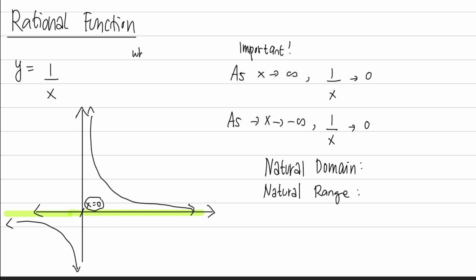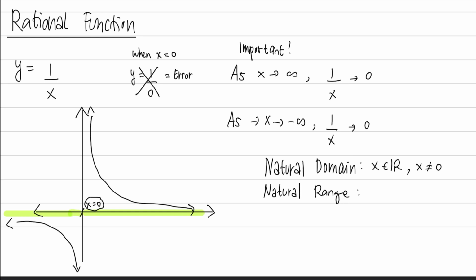Because when x equals 0, your y will be 1 over 0. And if you put that into a calculator, that will give you a math error. Means that the natural domain of our rational function is all real numbers x, but x cannot be equal to 0.